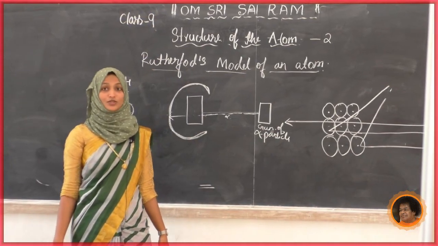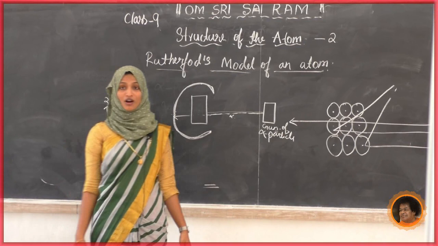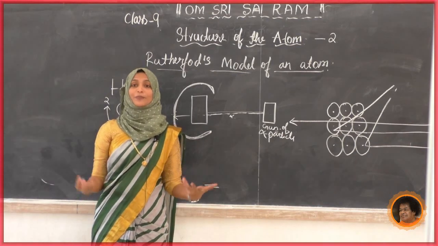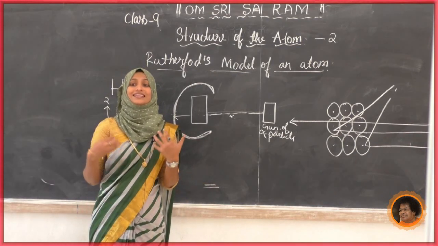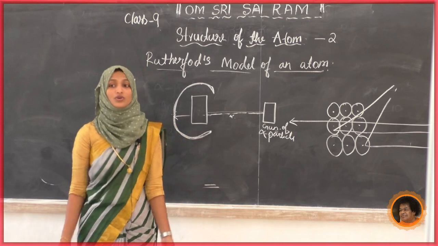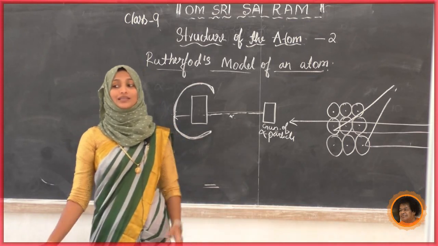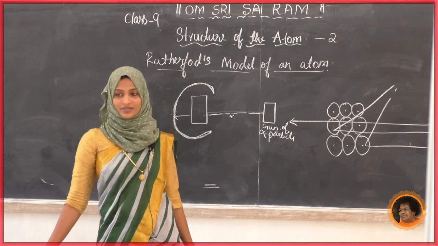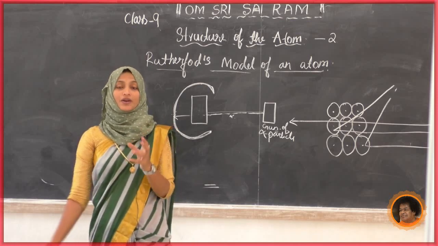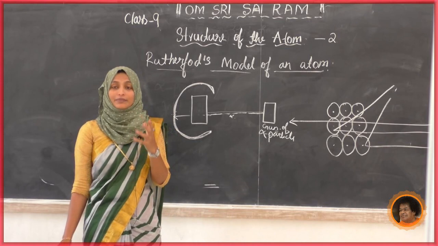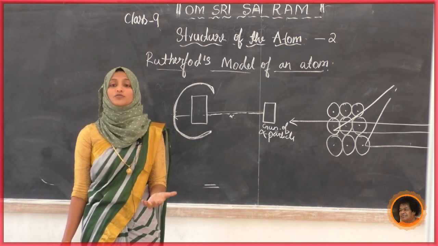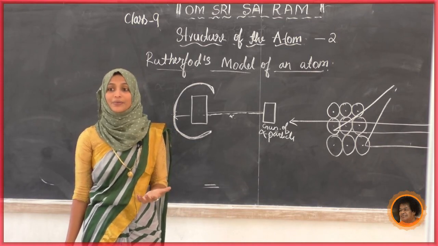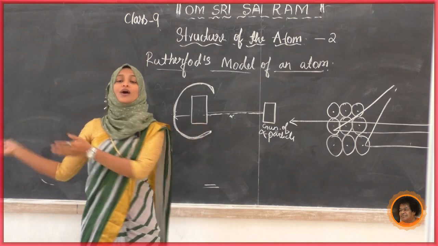Okay? So one more observation he got, very surprising. Surprisingly, 1 out of every 12,000 particles appears to be rebounded. Means what? Surprisingly, he got this observation: they are rebounding.